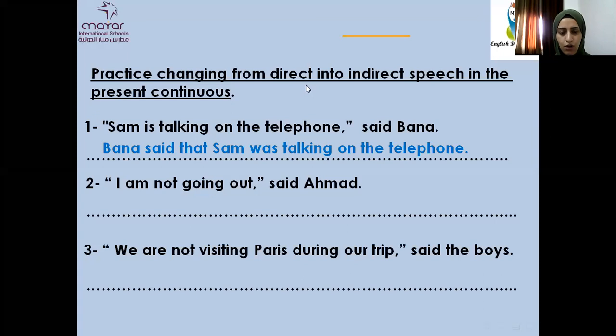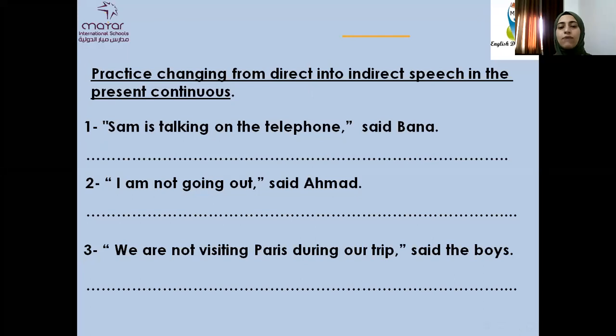Get inside the quotation marks. Underline the pronouns, the verb, and the adverbs, because these three are the things that you have to change. If you have adverbs, you change them, you know how, because you memorized them. If you have a verb like is, am, are, you know how to change them.